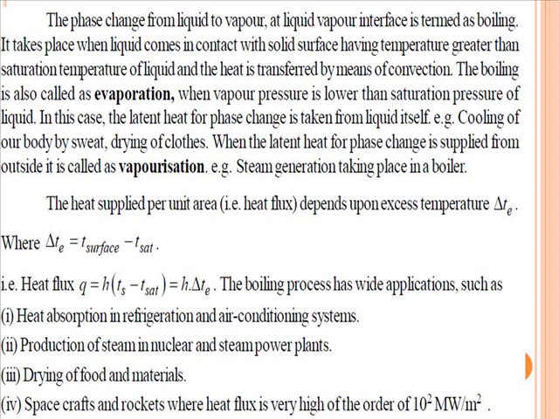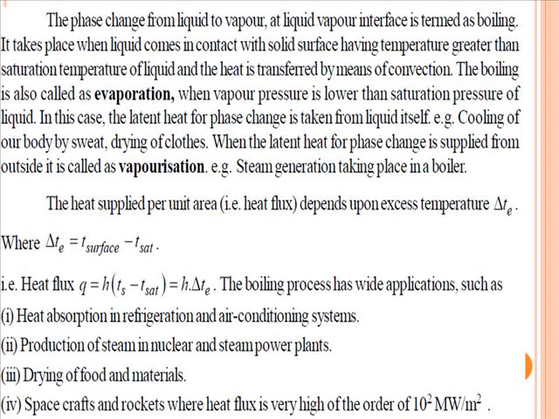So the heat flux q equals h, the convection heat transfer coefficient, times the bracket of surface temperature minus saturation temperature. The surface temperature minus saturation temperature is known as the excess temperature, the amount by which the temperature is more than the saturation temperature of the given fluid at the given pressure.